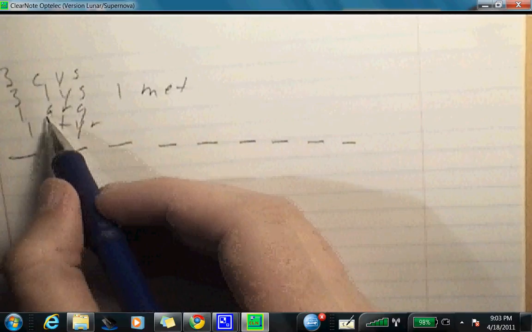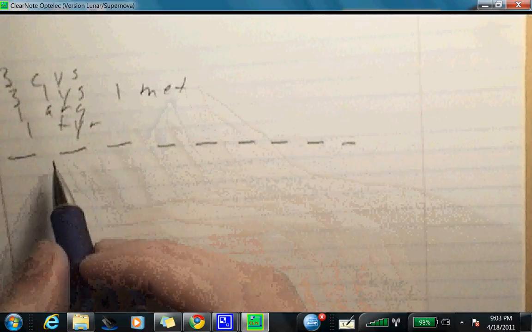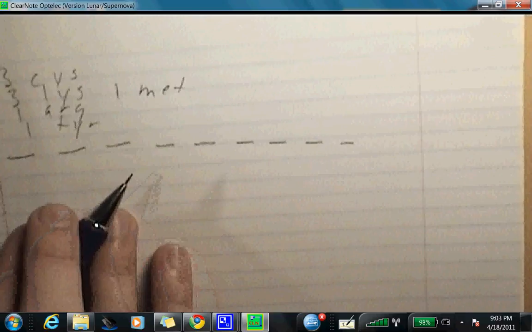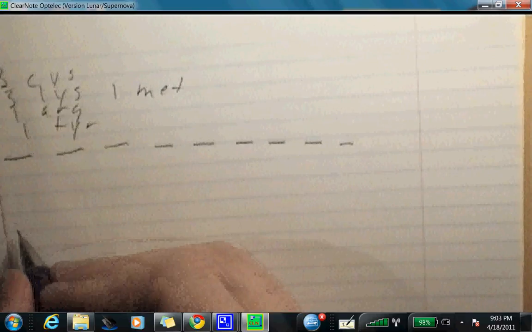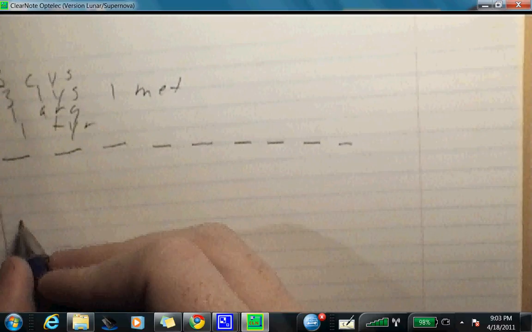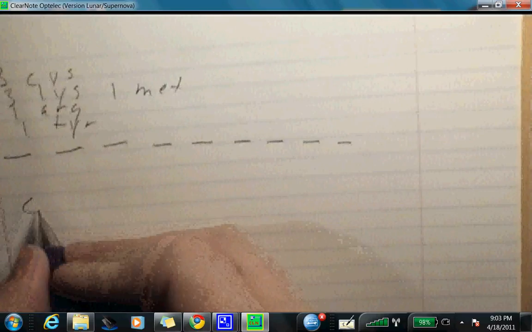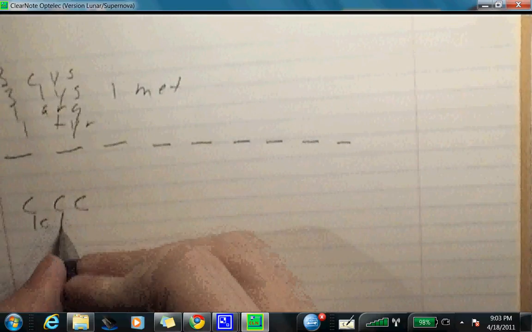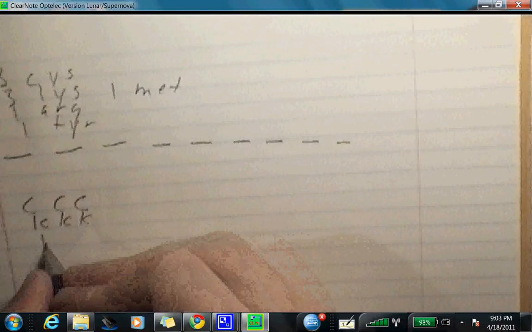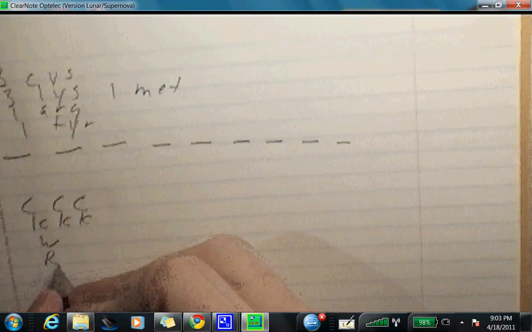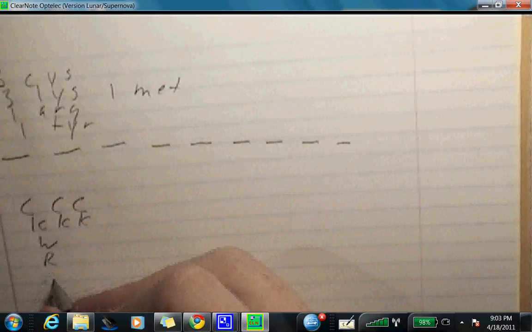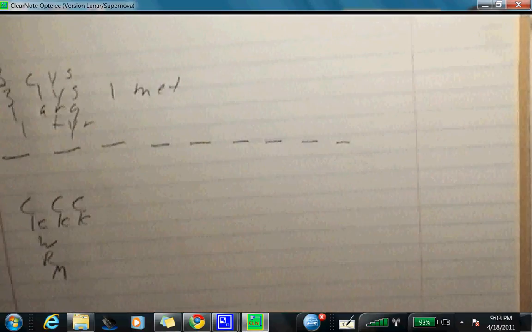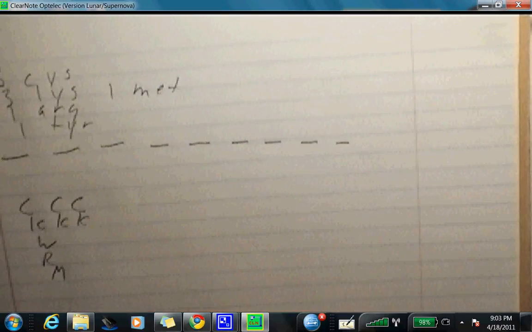So if we look at these and we add all these up, we have 3, 6, 7, 8, 9 moles total, which gives us 9 letters. I'm going to go ahead and write our letters down here. So this means we're going to have C, C, C, K, K, K, W, R, and M. So these are all the amino acids that we could have.